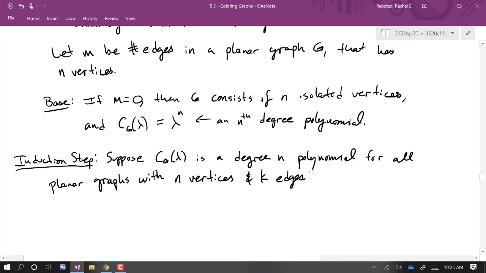So this is induction on the number of edges. Here, k is some fixed value, right? But n is not fixed. So as long as my planar graph has k edges, regardless of how many vertices it has, we're assuming that its chromatic polynomial is degree n.